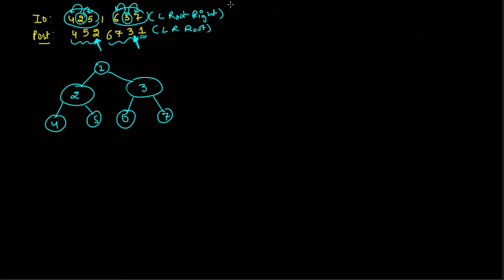Right, now assume that for the same tree they have given some pre-order and in order, and you have to identify the tree. So what is the pre-order? Pre-order is root, left and right, and the in order is left, root, right.